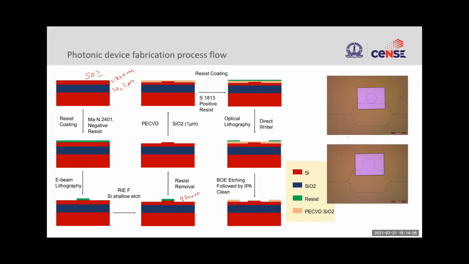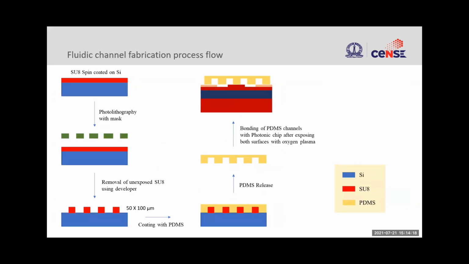On the right side, we see the optical microscope image of a sensing device where we opened up the region for exposure. The next thing is to make these fluidic channels. We use PDMS channels to transport fluids.